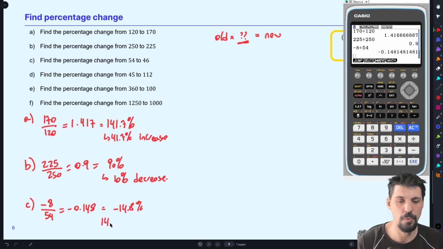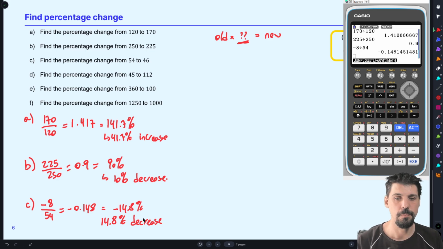So that is a 14.8% decrease. So you can find the overall multiplier, then remove 100%, or you could find the change first and then find that as a percentage, whatever brings you joy.